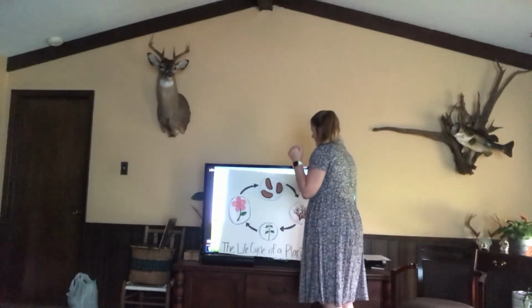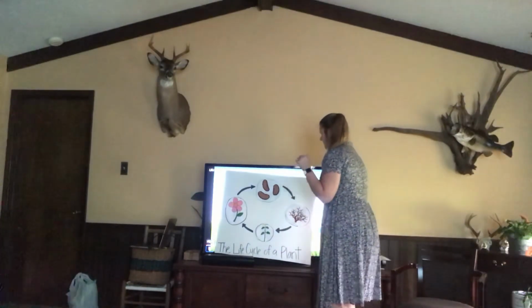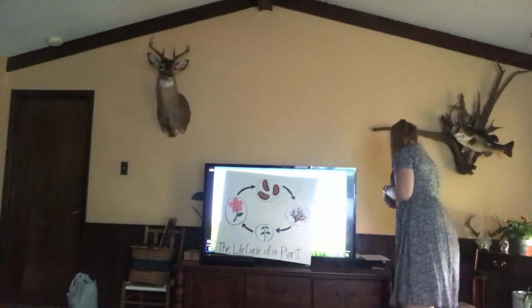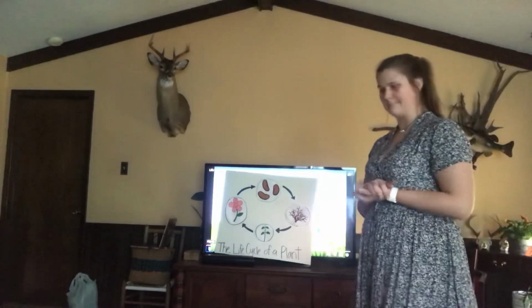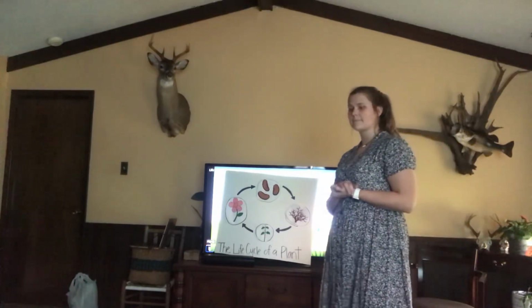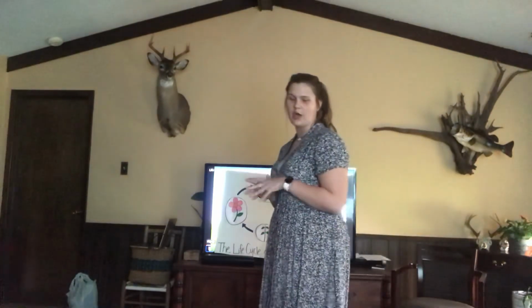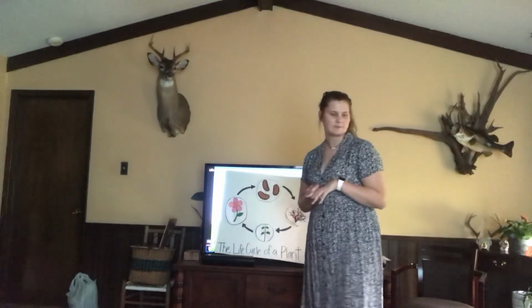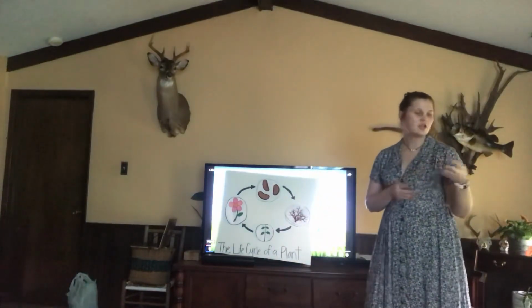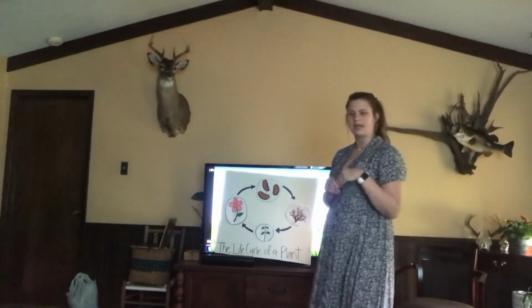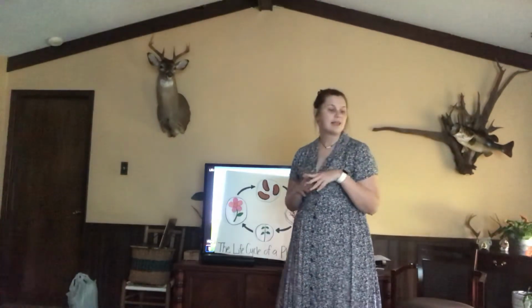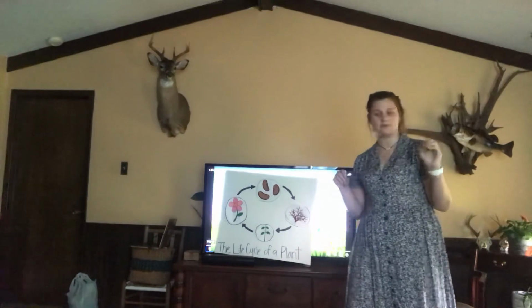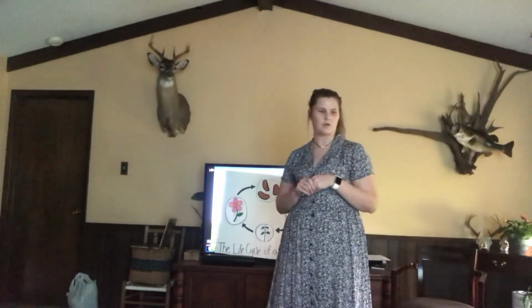So now that we've memorized the life cycle of a plant in order, what did you guys learn about the lesson today? Okay, you learned how plants grow. You learned them in order? Good. We also learned that each plant has a specific life cycle.